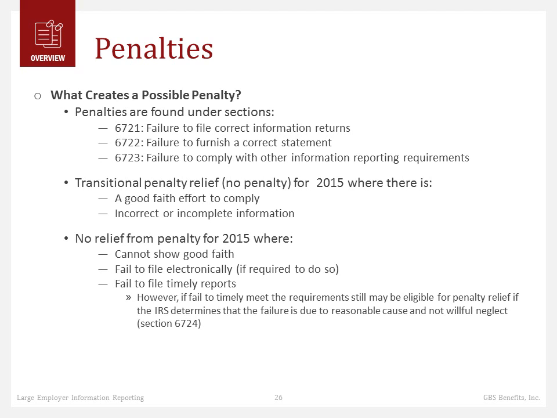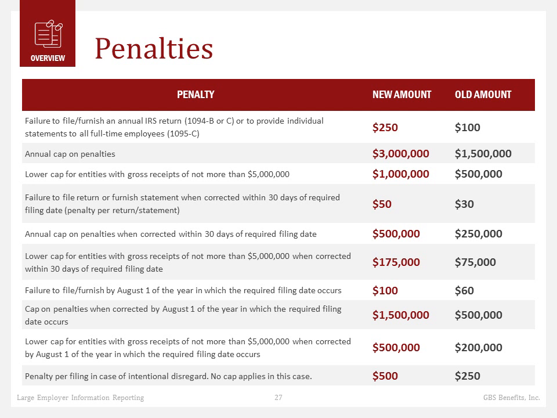So make your best possible effort in getting these forms accurate, and then learn from that, and don't worry about being hit with a penalty, at least this year. So here's a slide showing what the different various penalties could be under information reporting.